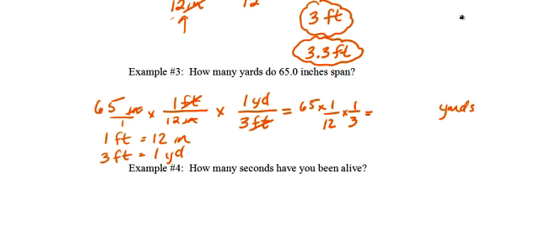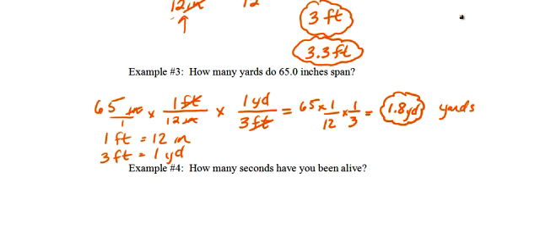Now if you already know how to solve multiplying and dividing by fractions, use the method that your algebra teacher has taught you. Otherwise, this is a little shortcut method, multiplying numerators and dividing by denominators. And I'm going to be getting 1.8 yards. And I also rounded that to the proper number of significant figures.